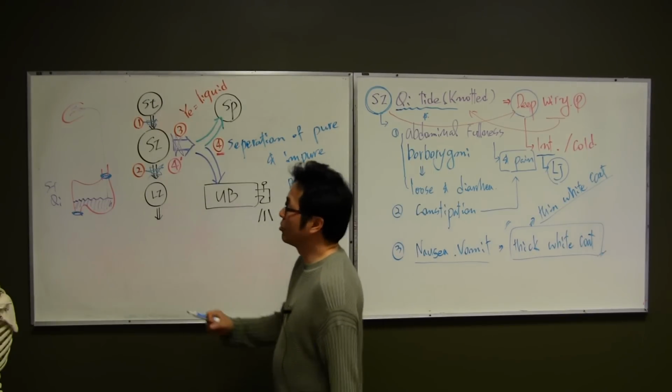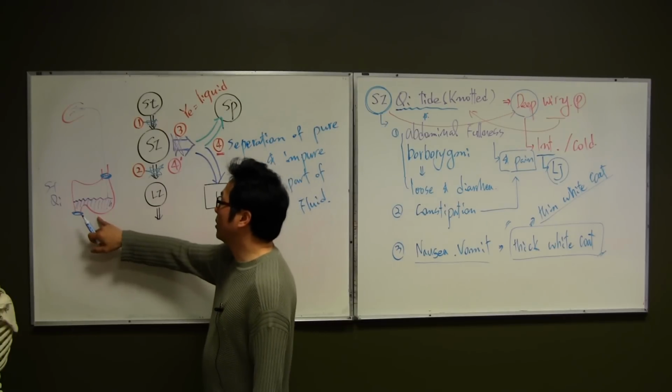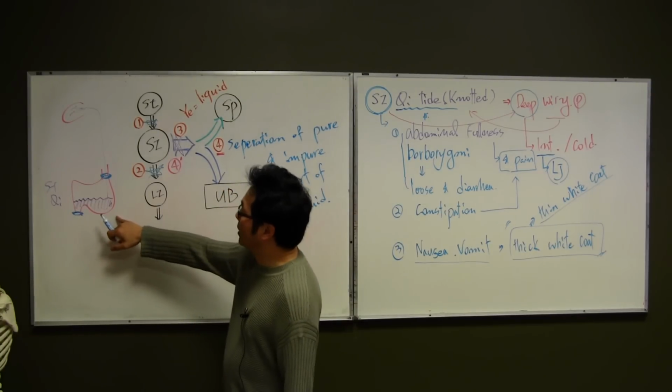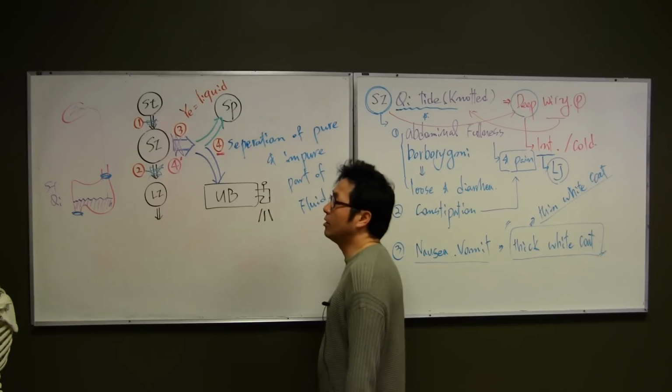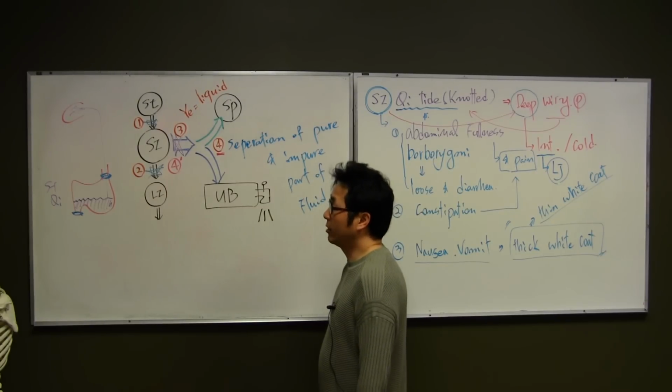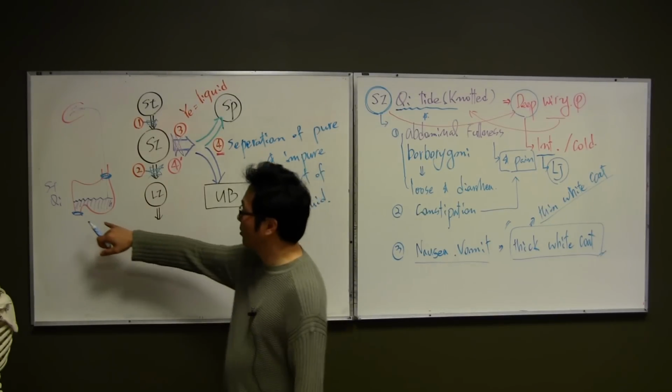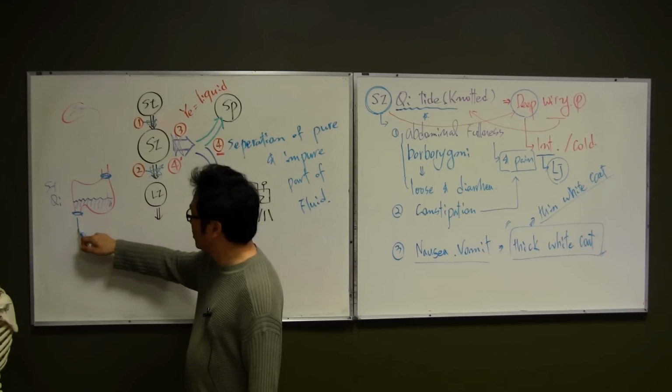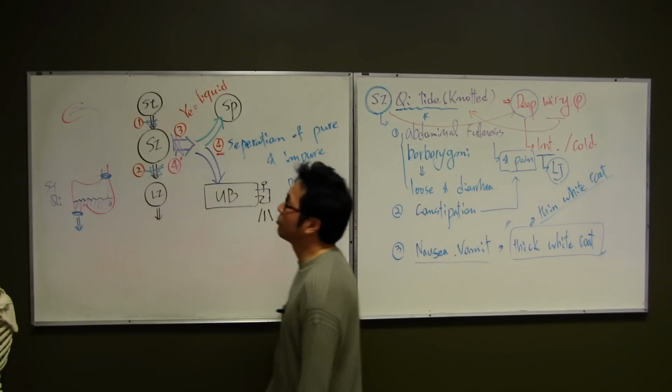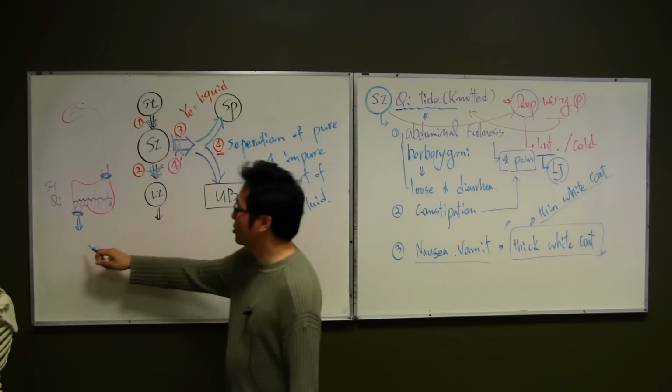All these are mixed together, which is called rotting and ripening in TCM. After this rotting and ripening is done, the stomach transfers this chyme to the small intestine.